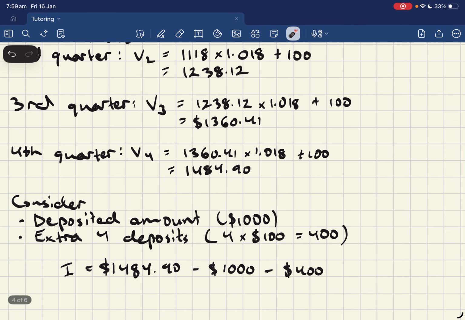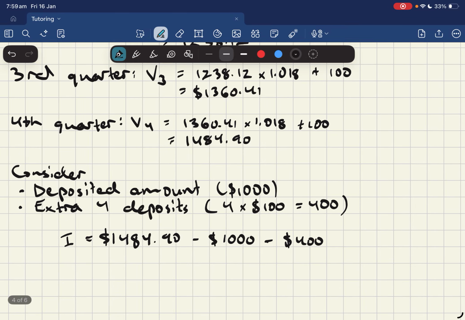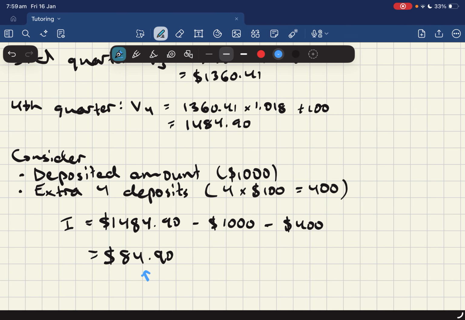So our future value, our amount at the end of the year, takes into account, that's just what we have, and we have to take into account these two and subtract them. So that gives you $84.90. This is the interest earned at the end of the year.